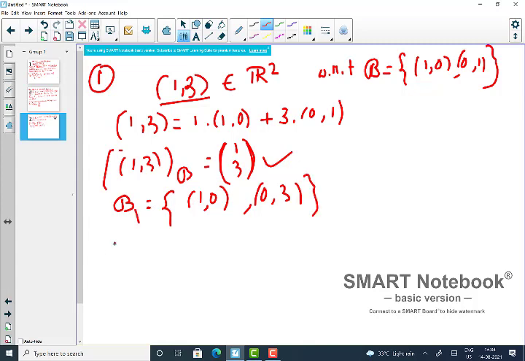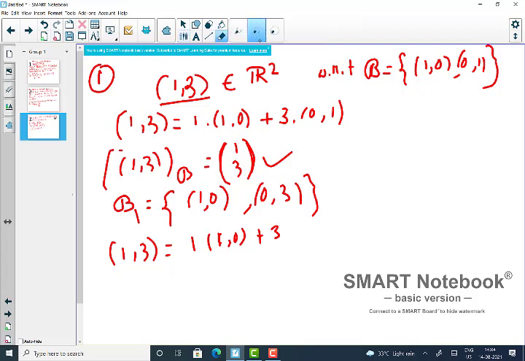Then you see that with respect to this basis, your vector will be 1 times 1, 0 and 1 times 0, 3.